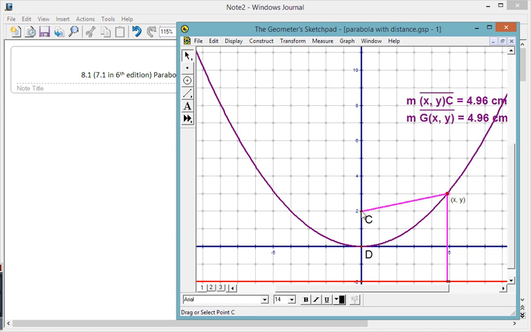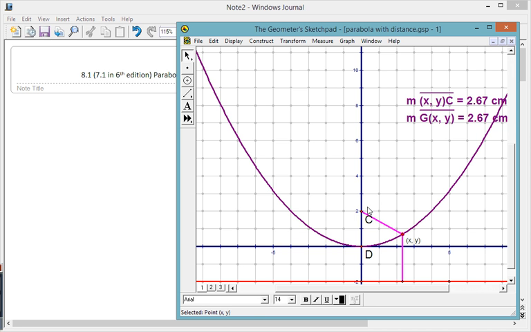Okay, this distance from the vertex to the focus is, we're going to call p. Okay, and it's the same distance from the vertex to the directrix. In fact, here you see that if I measure this here, that distance from the focus to the directrix is 2p. Okay, so, and the vertex is right smack in the middle. So that's how that relates to everything.